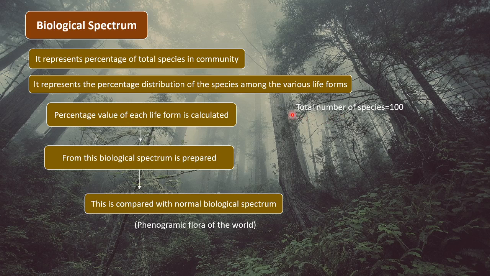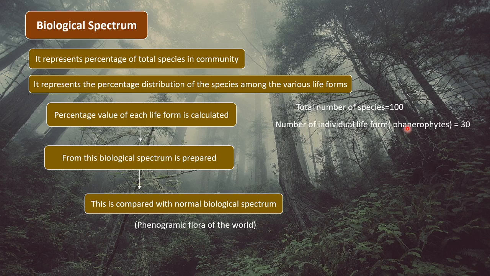Say for example, in a community, the total number of species that are present is 100, and the number of individuals of a life form, say phanerophytes, is 30. This means that in a community there are 30 individuals that are phanerophytes.